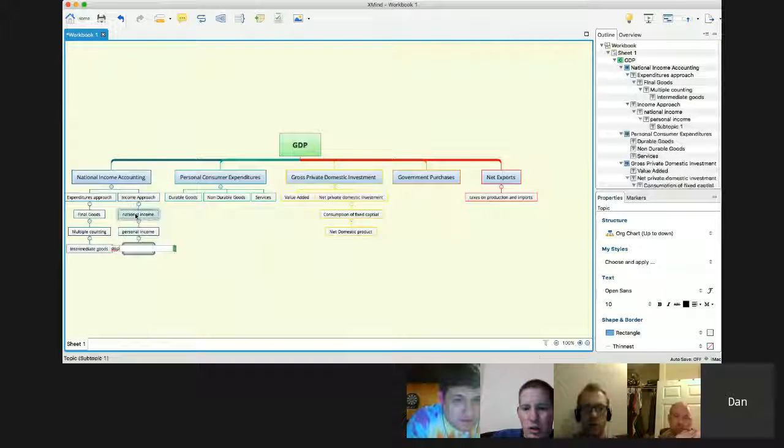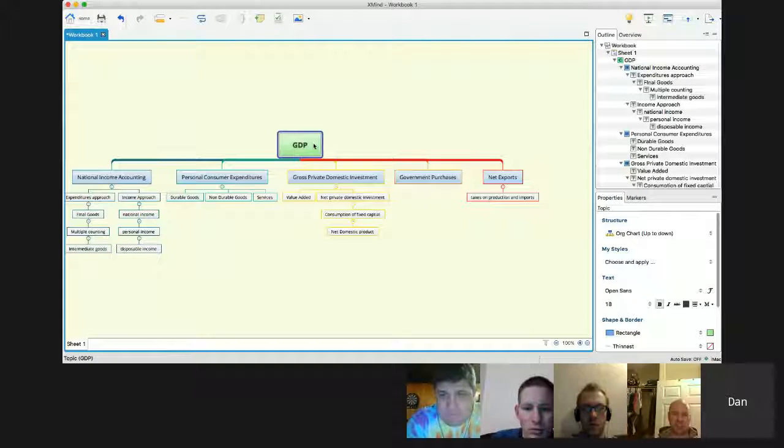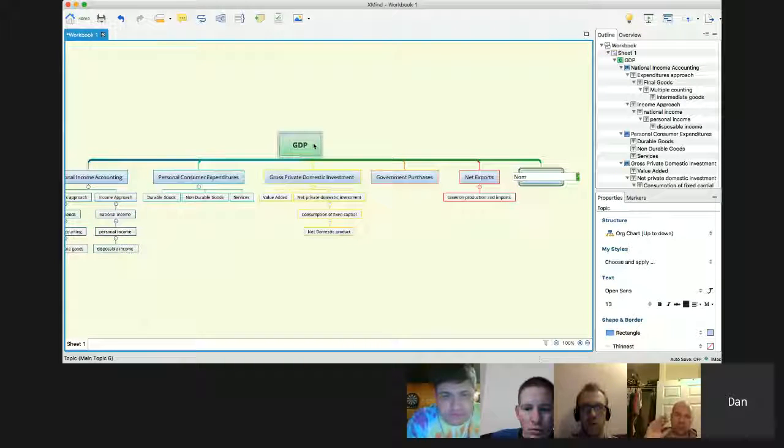Income, disposable income. Nominal GDP. Do we just put that as a subset off of GDP? Yeah, because nominal, real, price index, and base year are all a separate thing from everything we've been talking about.